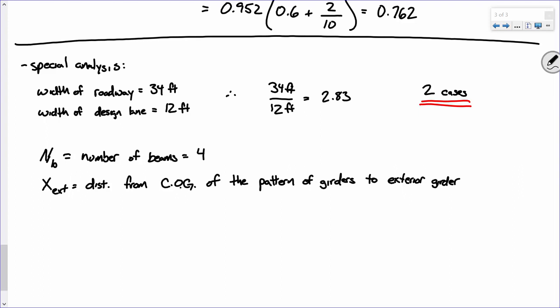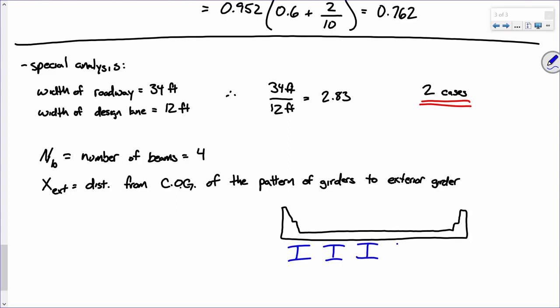In other words, if I have a bridge that looks something like this, and I'll make it up, let's say I've got a whole bunch of beams. 1, 2, 3, 4, 5, 6 beams, okay?